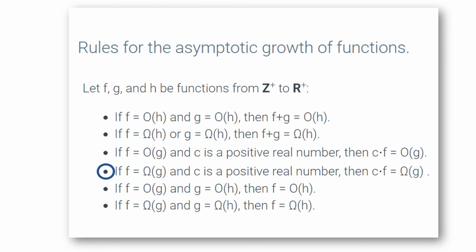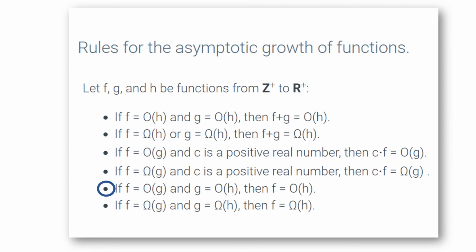If f is omega of g and c is a positive real number, then c times f is omega of g. So a positive constant times some function does not change the fact that it is omega of this other function if it started out that way.